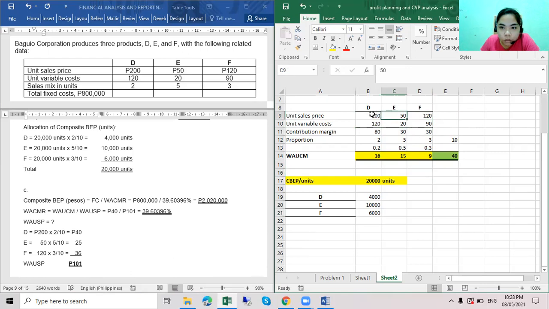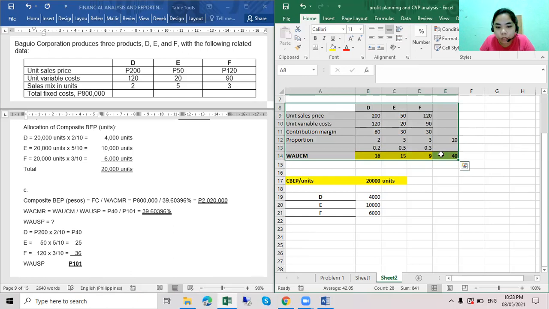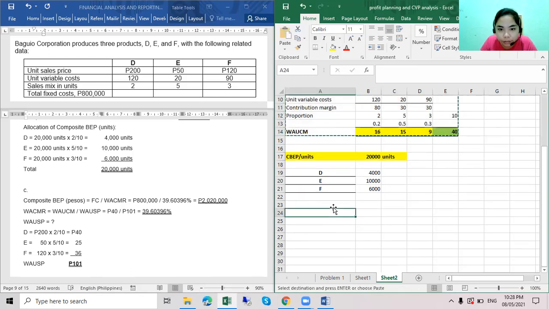Weighted average unit selling price. Okay. So, since ARI class is weighted average unit contribution margin, paano takwaon ang weighted average siya nga percentage, no? Muna sa class. So, are, nahimo ko separate nga line.